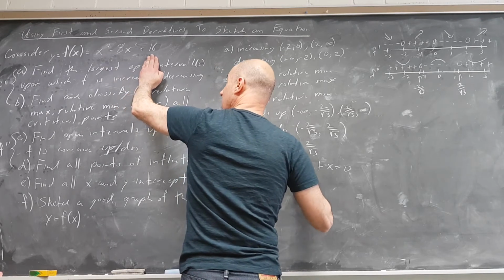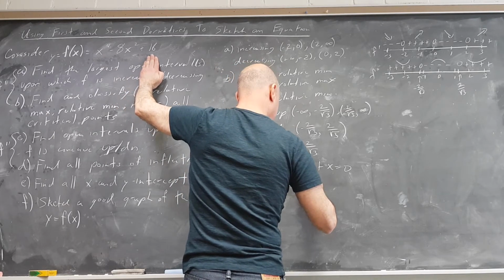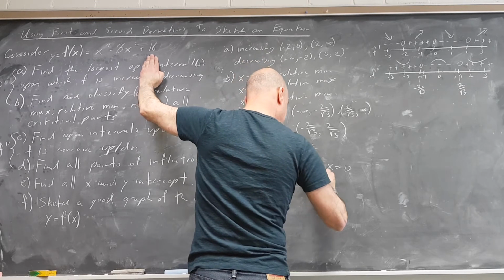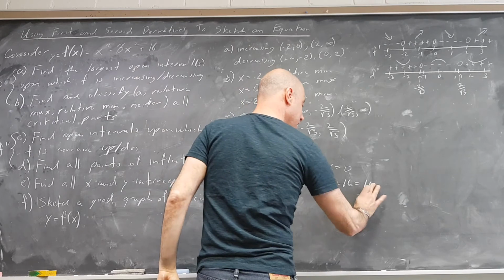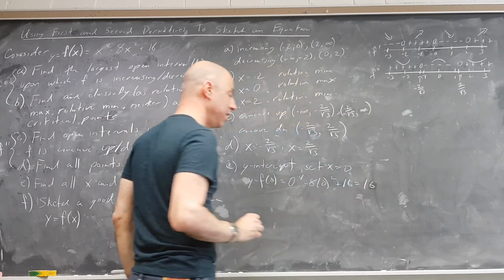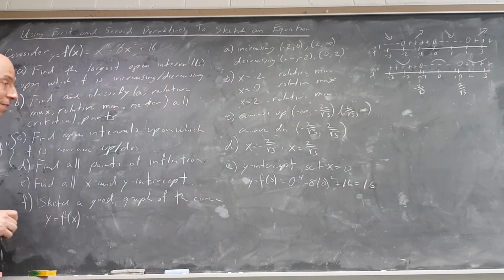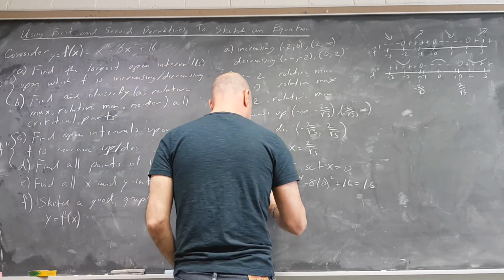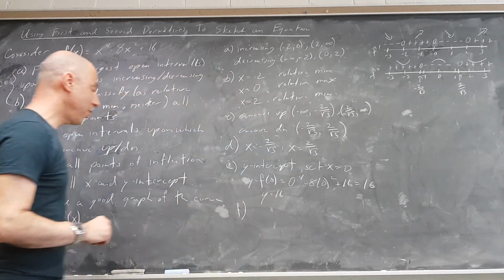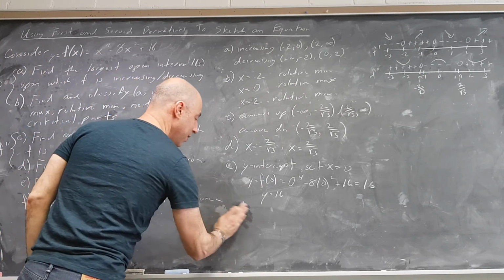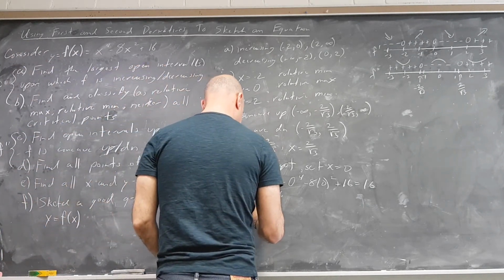So 0 to the 4th minus 8 times 0 squared plus 16. Here we are at height 16. So we have a y-intercept at height 16. Y equals 16.